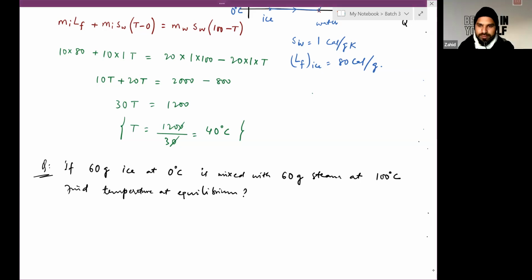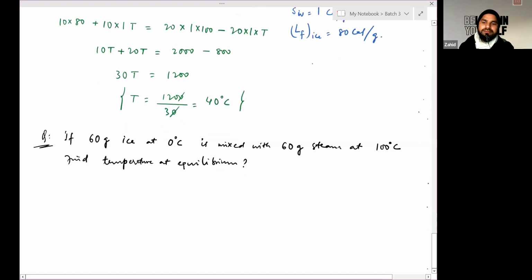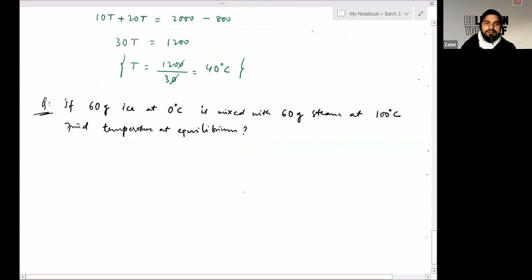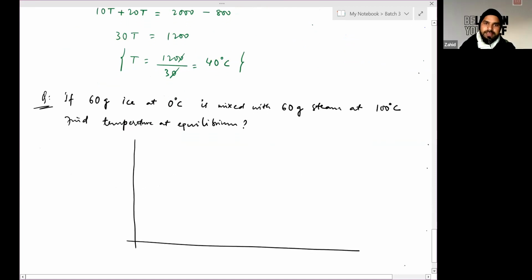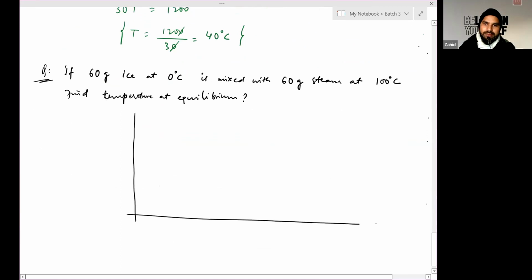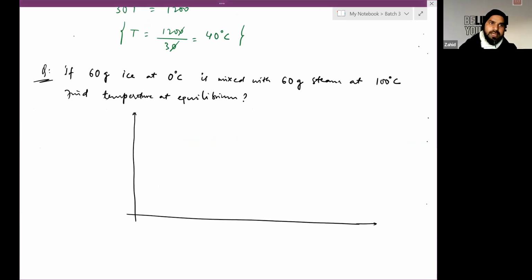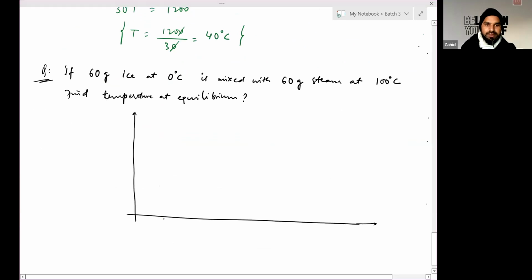Let me explain how to approach this part. First, we have ice at 0 degrees Celsius and steam at 100 degrees Celsius. So ice will require some amount of heat to convert its state. We have ice at this point, so it will require some amount of heat to go from this point to this point.